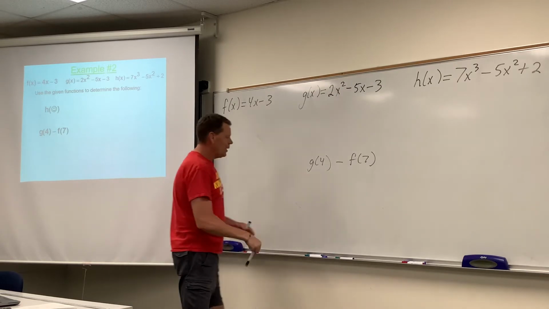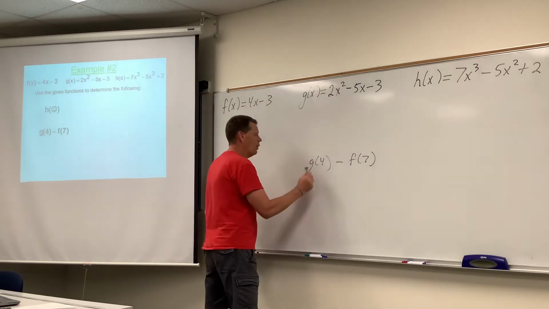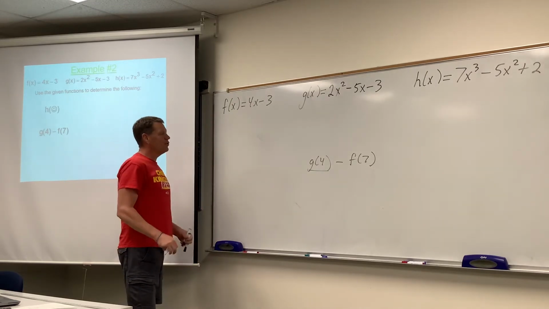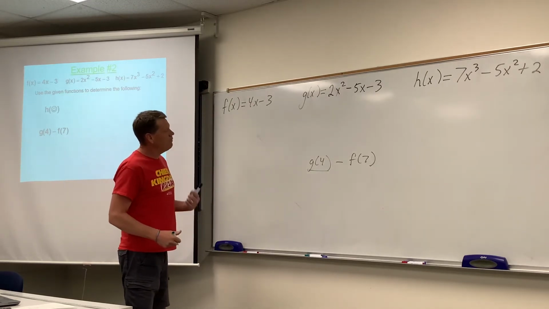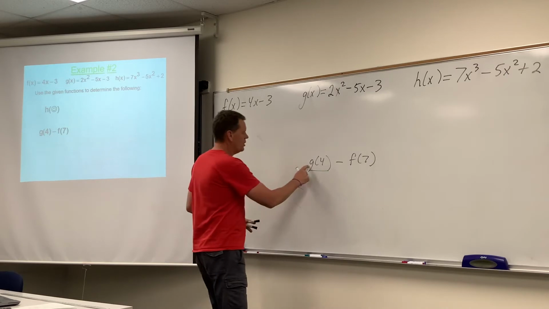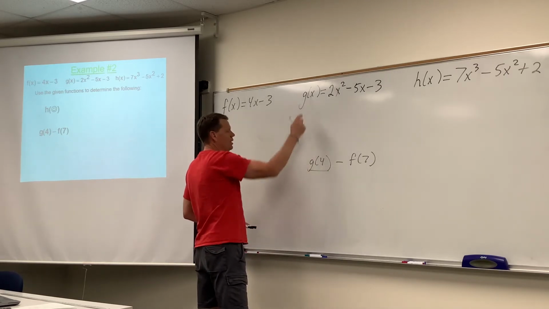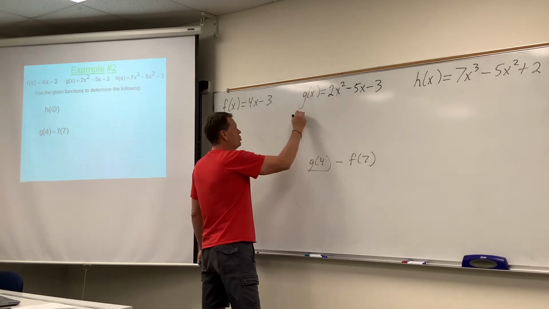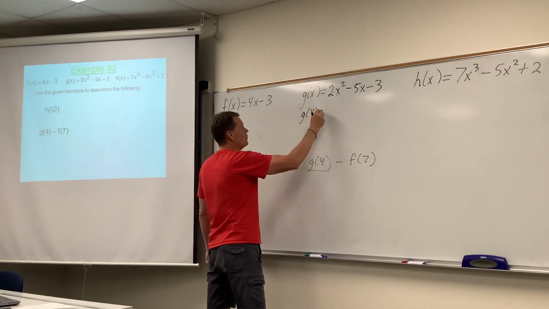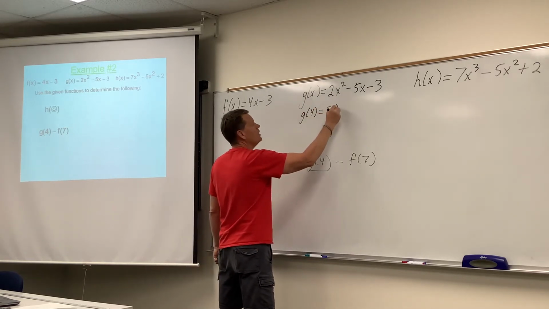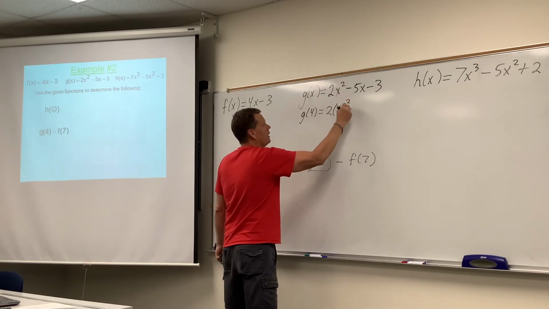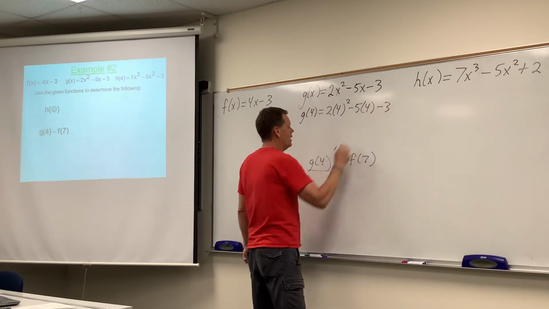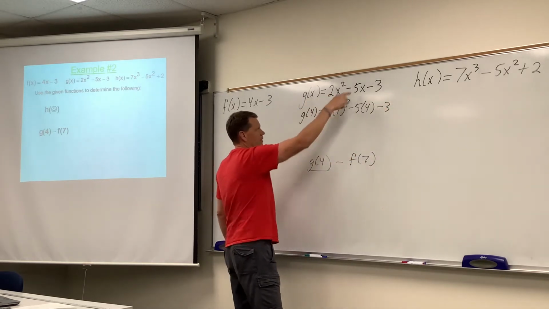And so, for example, g of 4, I've learned that if I shape these, it keeps the ink better. All right, so g of 4, isn't that saying to go to the function named after Gertrude and put 4 in for x? So wouldn't the work there be g of 4 equals 2 parentheses 4 squared minus 5 parentheses 4 minus 3. 4 takes the place of x.